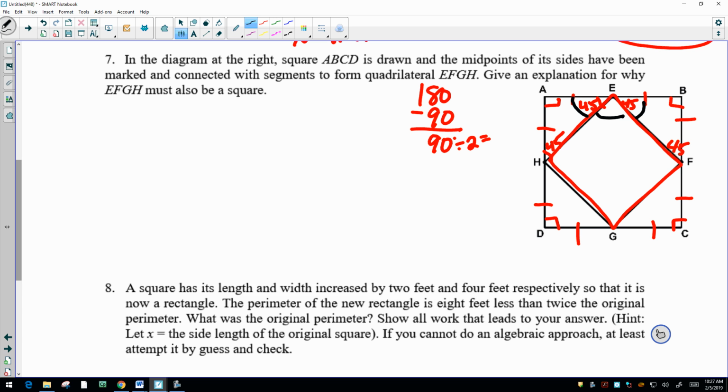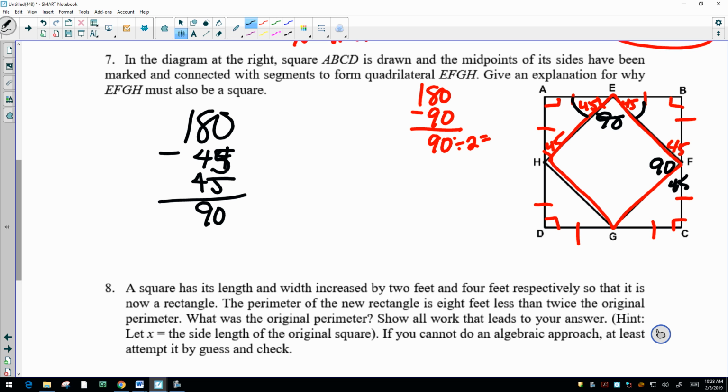They're adjacent angles on a line, so they're supplementary. So if I know that 45 and 45 is a total of 90, and if I subtracted both of those out, we get a total of 90. So that forces this to be a 90-degree angle. And could we do that process all the way around? Right? So I could do that again over here because I know that that's also 45. So that also is 90. And it has to be a square. Good?